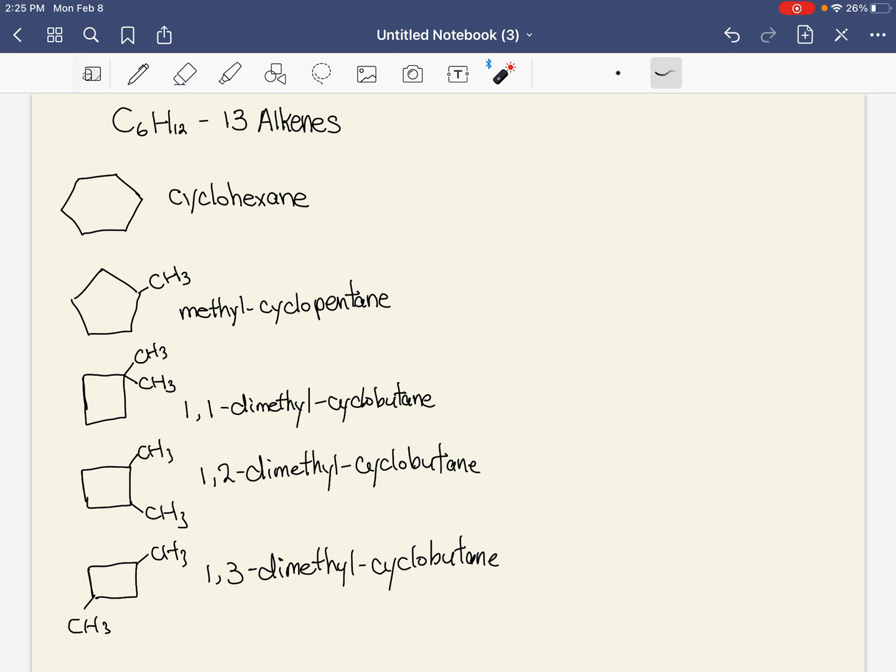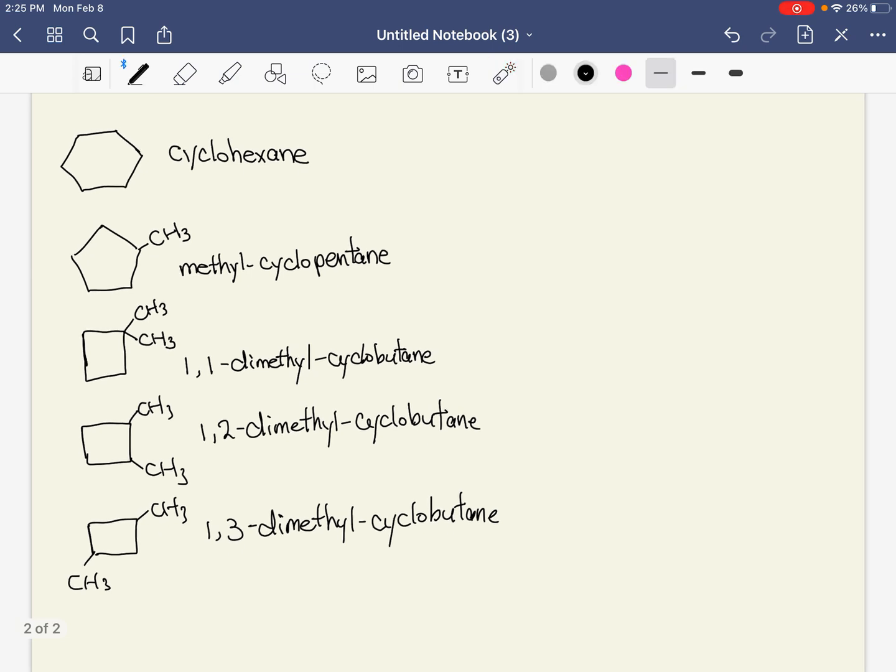Now, if you do that, it's the same thing as this, so don't be silly. What else can I do? Can I do more cyclobutane? Yeah, I can do one more. I guess you can find one more cyclobutane, and it looks like this. It won't be a dimethyl. It will be an ethyl. So you have an ethylcyclobutane. Whoa, look at that.